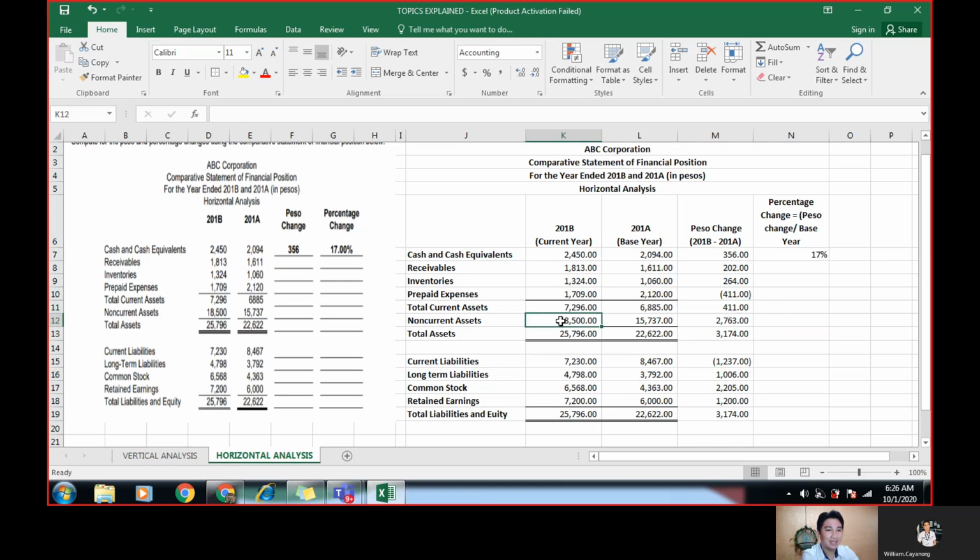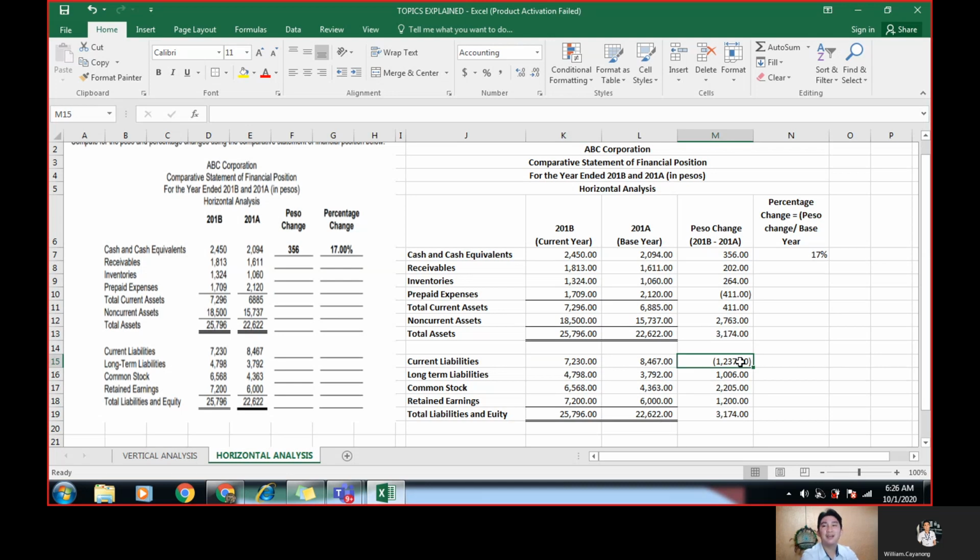Okay? Non-current assets, tumaas siya ng 2,763. And as to totality, total assets, tumaas siya ng 3,174.